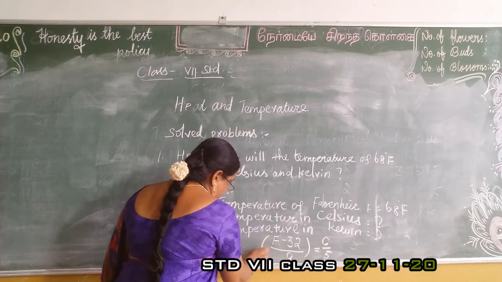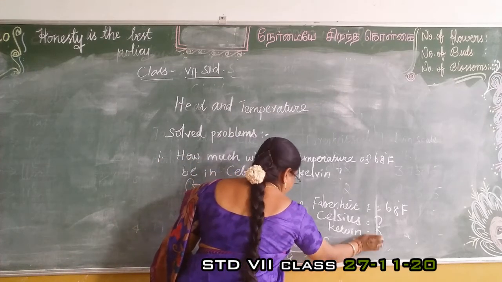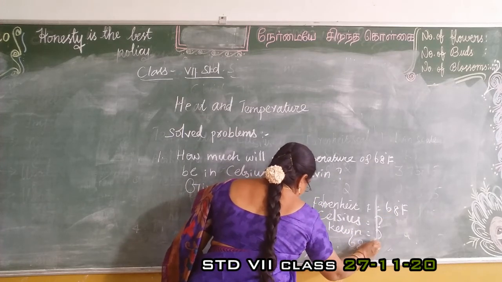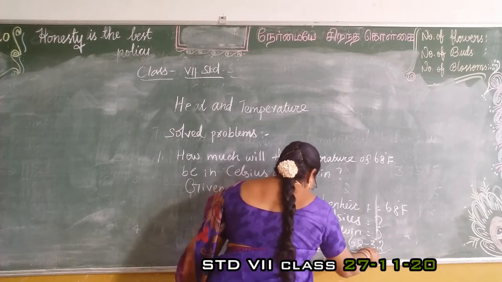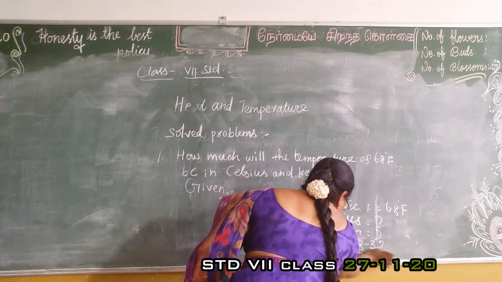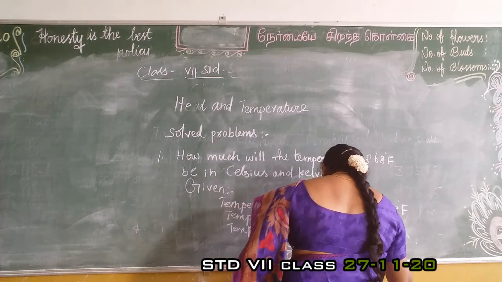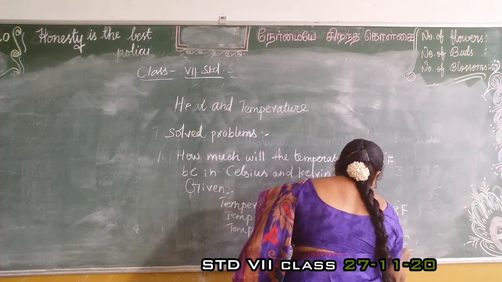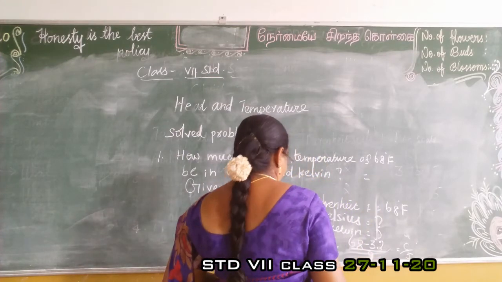We substitute into the formula: F is 68 degrees Fahrenheit, so (68 minus 32) divided by 9 is equal to C by 5. We subtract 68 minus 32.